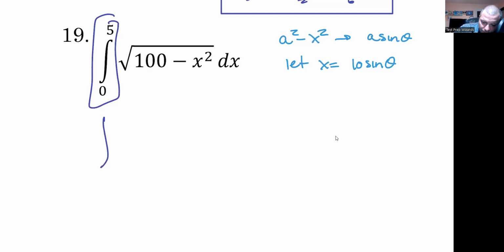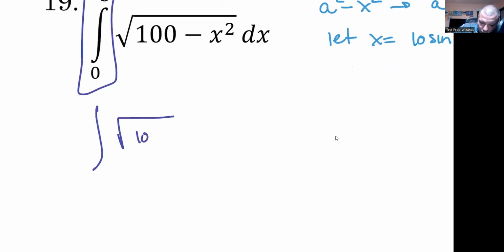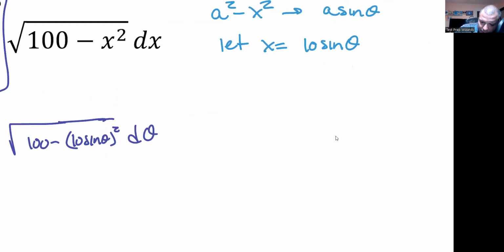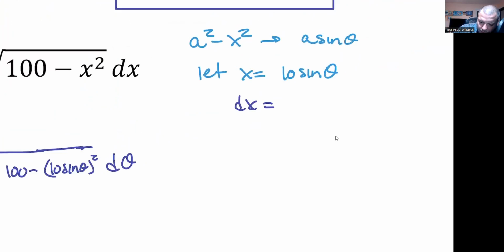So we have the square root of 100 minus 10 sine of theta squared. So dx is going to equal negative 10 cosine of theta.